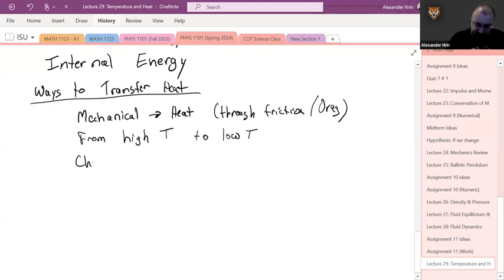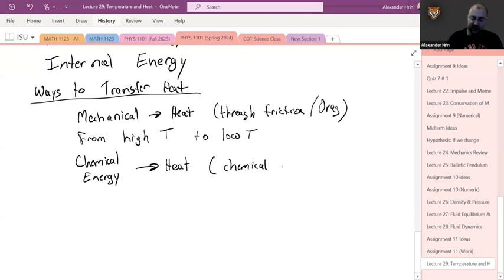You can also have chemical energy be converted into heat. So if you are remembering, or if you took chemistry, this is in chemical reactions. Now, some of them you have chemical energy that gets converted into heat. And this, as a reminder, is called an exothermic reaction.